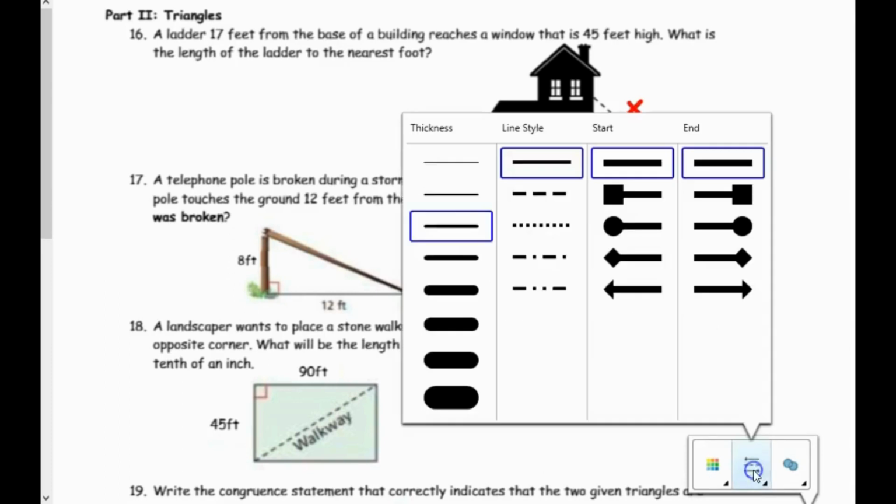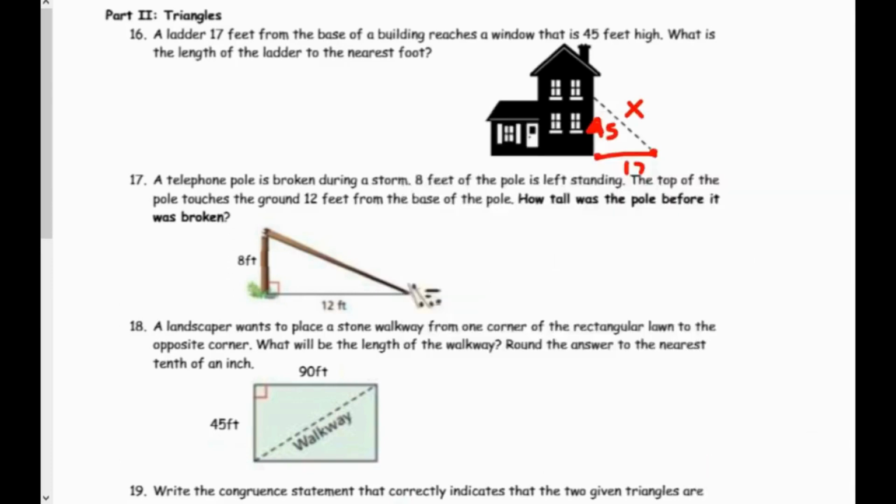So we're going to have to use our favorite thing, Pythagorean theorem. So, Pythagorean theorem, a squared plus b squared equals c squared. It's going to be 17 squared plus 45 squared equals x squared. Now I'm going to go to my calculator. I'm going to add 17 squared plus 45 squared.